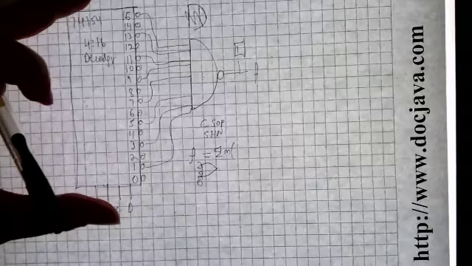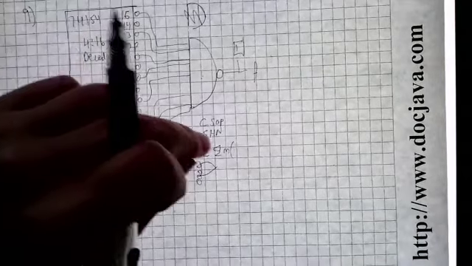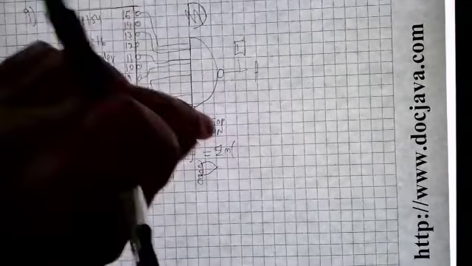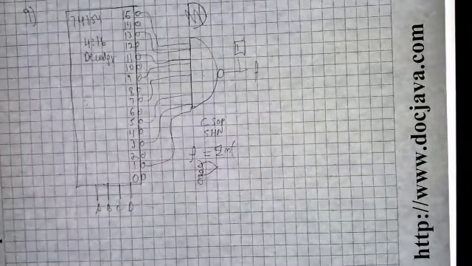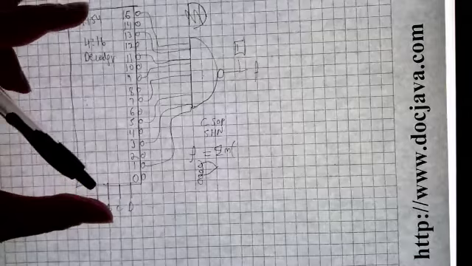I'm not sure what was given. This is given, and we want that. So given this, find that. Find the canonical sum of products expression that best represents the 4 to 16 decoder in the following circuit. That's what it says.